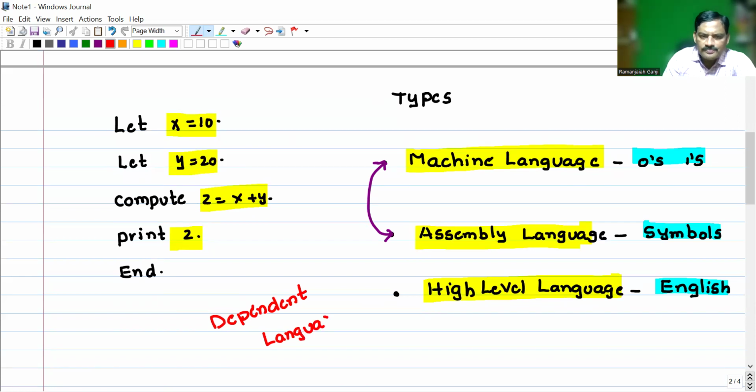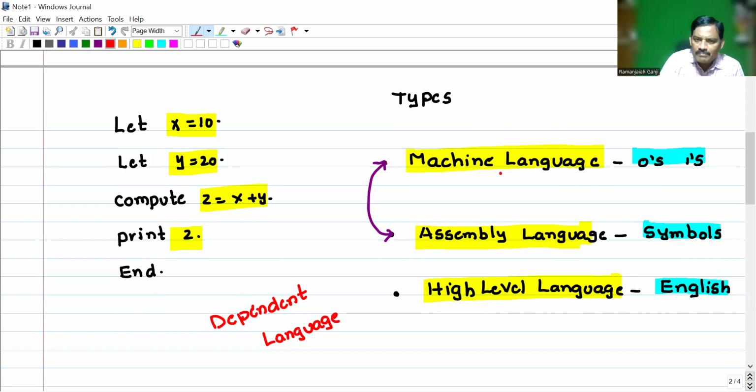If I write a program on one machine and I can execute the program on any other machine, for example by copying the program into your pen drive and executing it on any machine, there is no problem at all, because it's a high-level language.